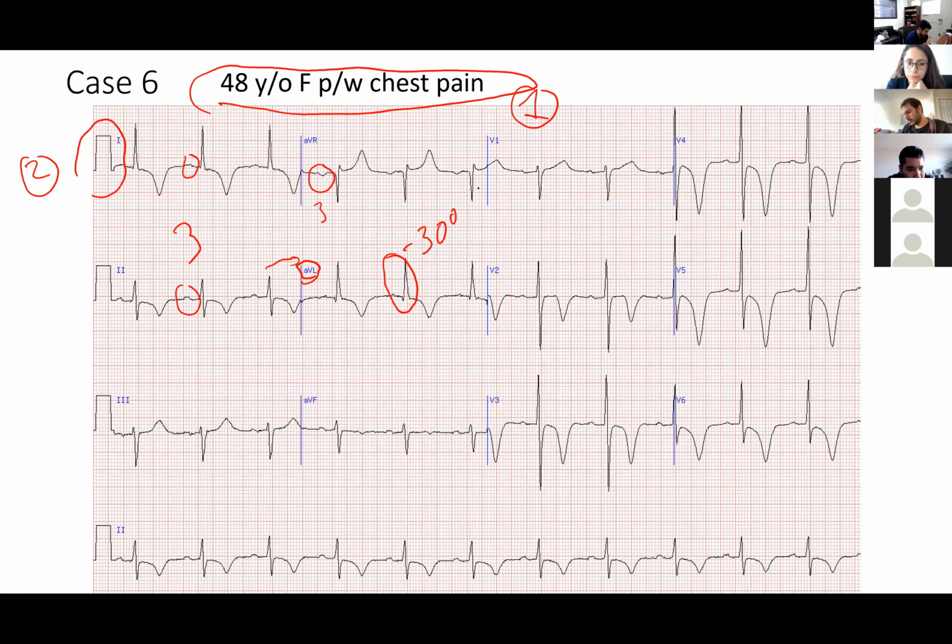You can go directly to the major thing because this is the last EKG, right? Okay, so I see that in lead 2 there's ST depression, and also from V2 to V6 there's ST depression.